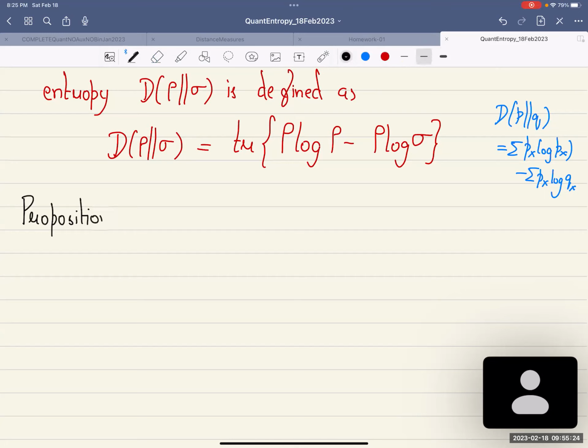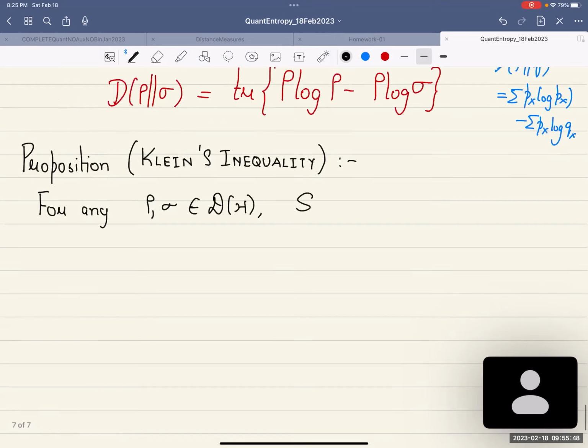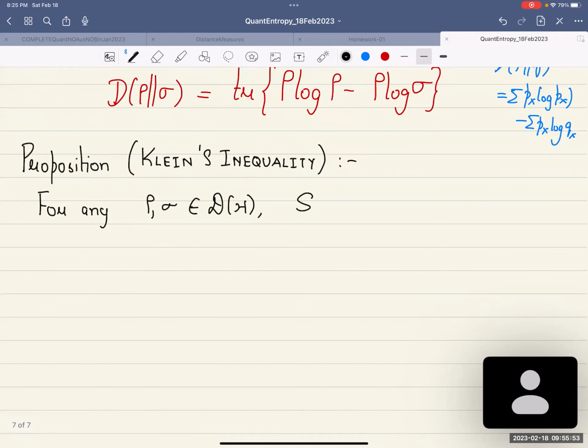Proposition: for any rho, sigma, the relative entropy D of rho sigma is greater than or equal to 0.